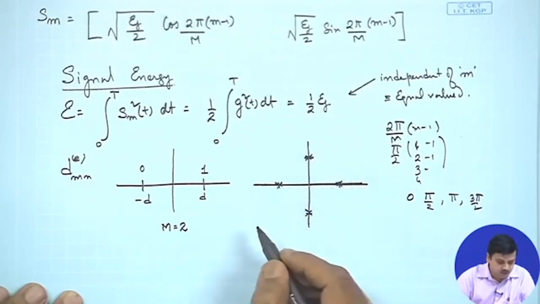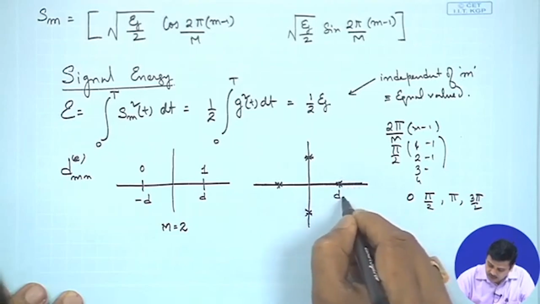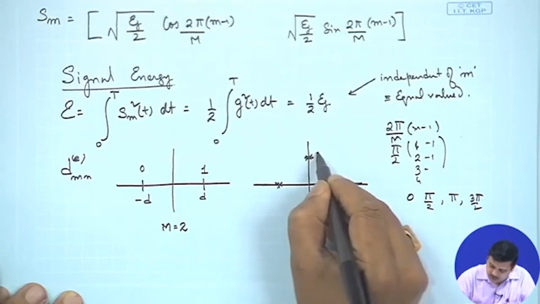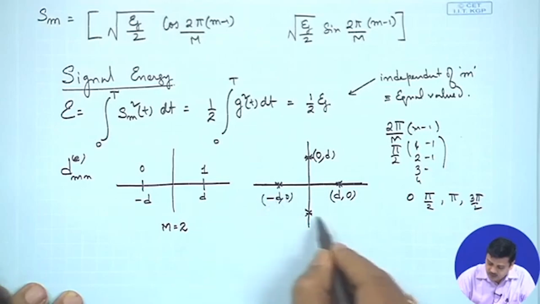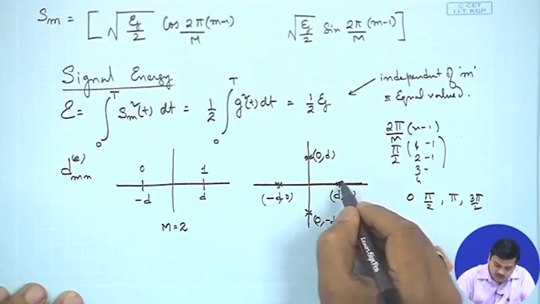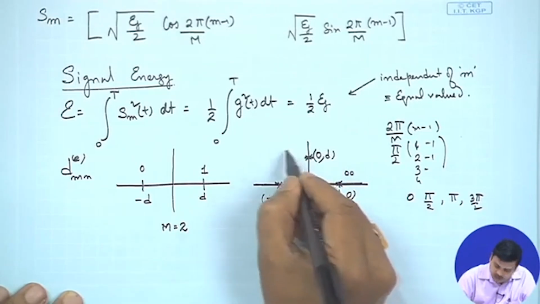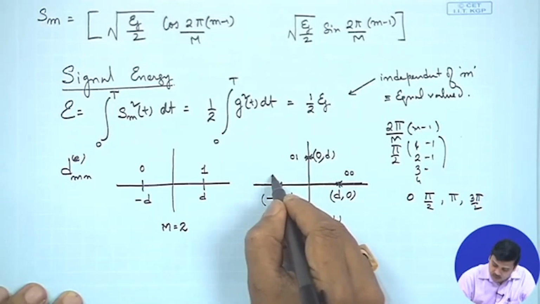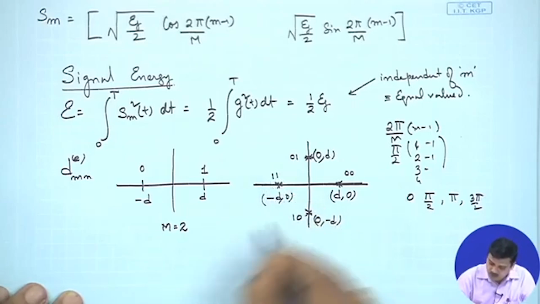So, this notation would be useful, and you could say that d comma 0 is this point in the Cartesian coordinate, this coordinate is 0 comma d, this coordinate is minus d comma 0, this coordinate is 0 comma minus d, and then you could mark this as a 0 bit sequence, this could be a 1 bit sequence, and this could be a 0 bit sequence.